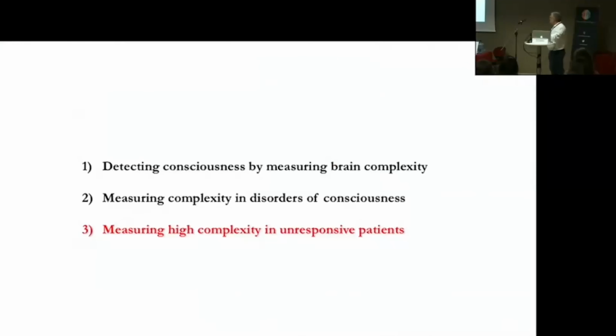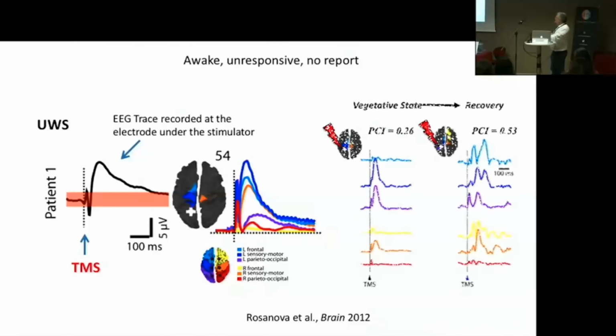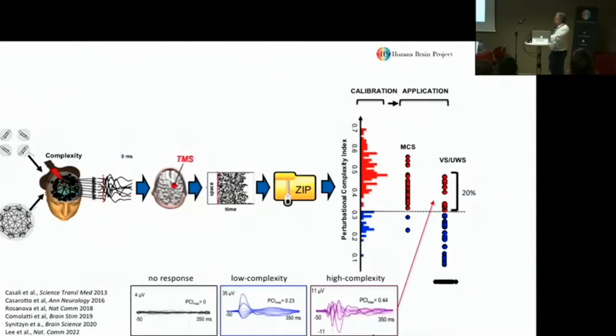I'd like really to show what happens in patients that emerge from MCS. Here you can see how the local responses, these are the responses of cortical sources to perturbation, re-emerge when the patient was recovering consciousness, and how PCI is nicely following this trajectory.